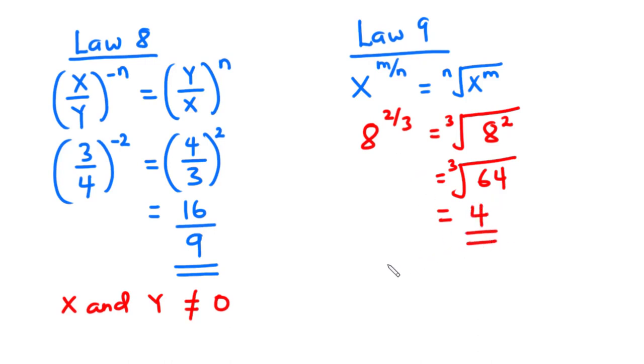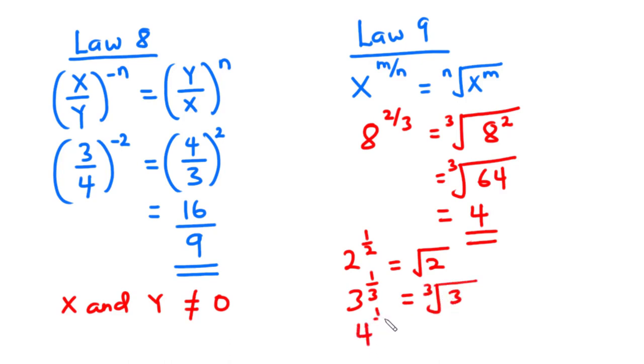Now, if you have 2 exponent 1 over 2, then it's equal to the square root of 2. If you have 3 exponent 1 over 3, then it's equal to the cube root of 3. And then if you have 4 exponent 1 over 4, then this is equal to the 4th root of 4.